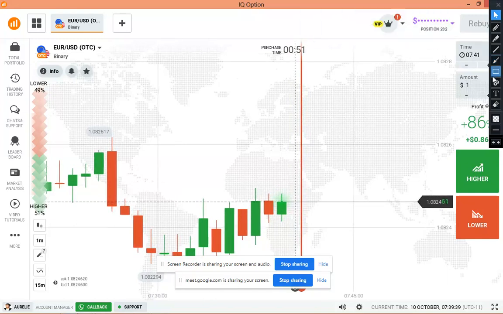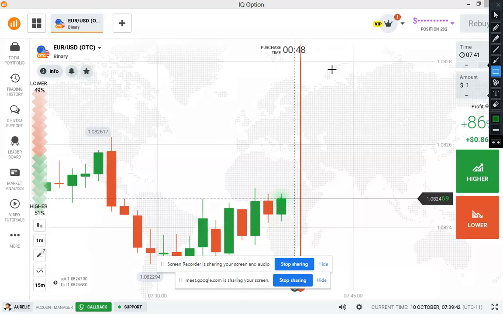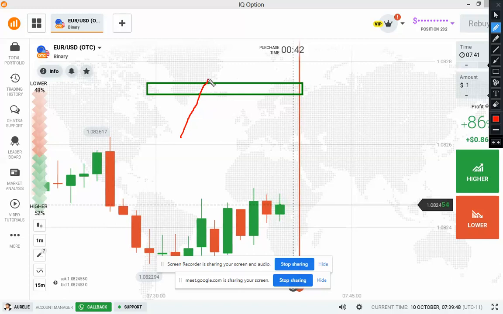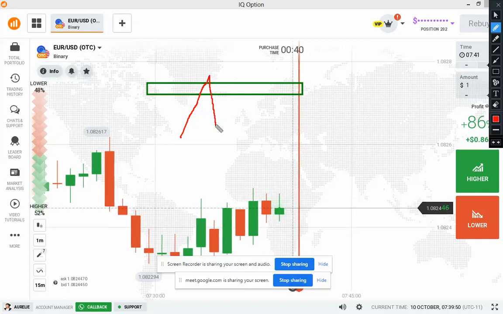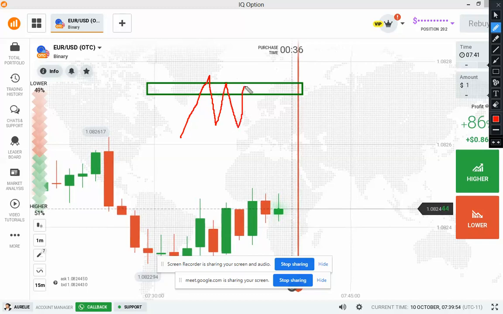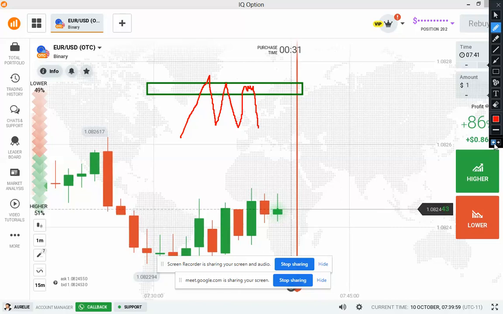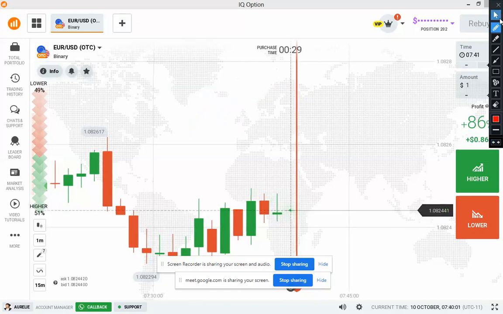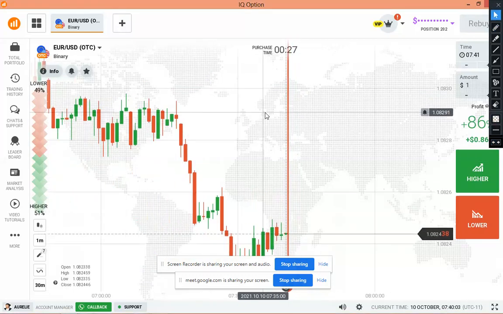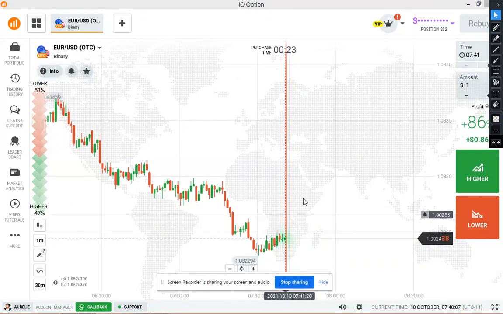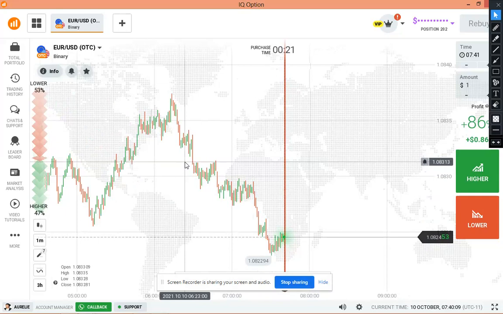For instance, if you draw a reversal level like this and the market reaches the level, the market might not reverse immediately. It might reverse after the breakout, or exactly inside the zone, or the market might form two more candles before it finally reverses. So when you are trading, you should have in mind that your strategy is not going to give you a 100% winning ratio.